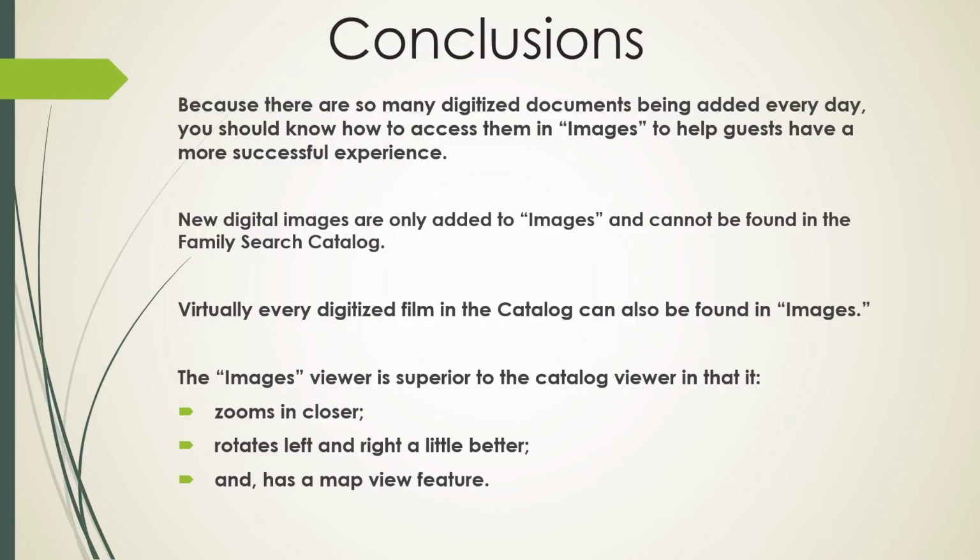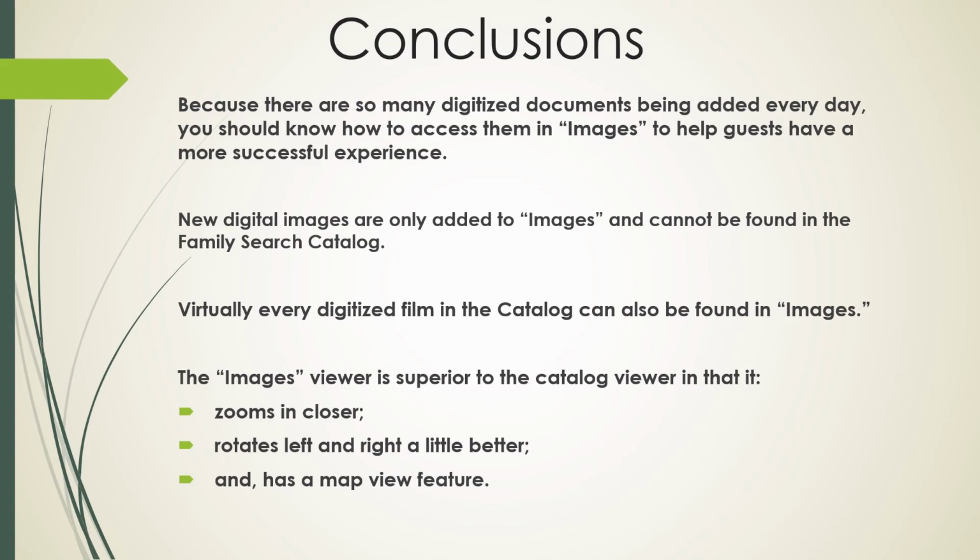This concludes a summary of the recent improvements in the Images feature of FamilySearch. Here are some things to remember about Images. Because there are so many digitized documents being added every day, you should know how to access them in Images to help guests have a more successful experience. New digital images are only added to Images and cannot be found in the FamilySearch Catalog.